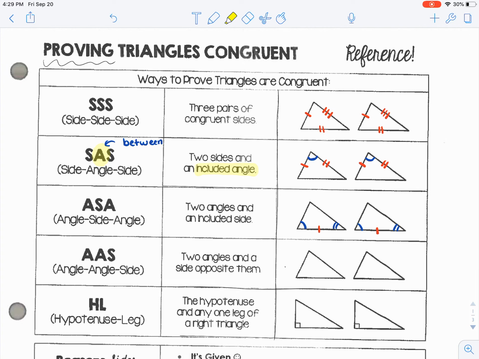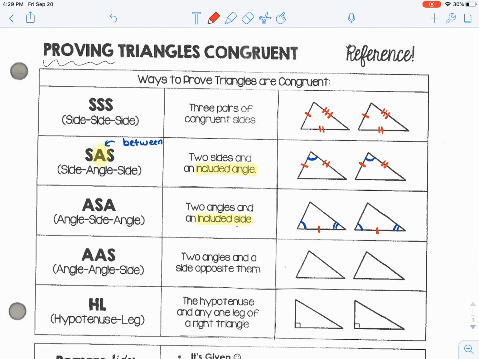Remember, included means between. So, an included angle is included between 2 sides. An included side is included between 2 angles.